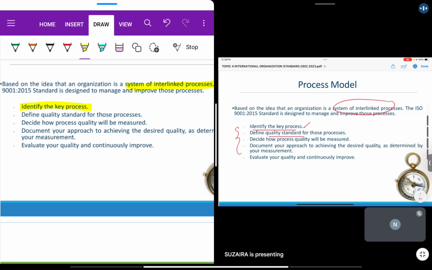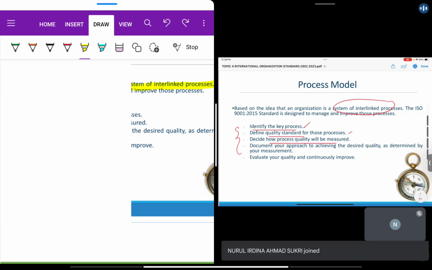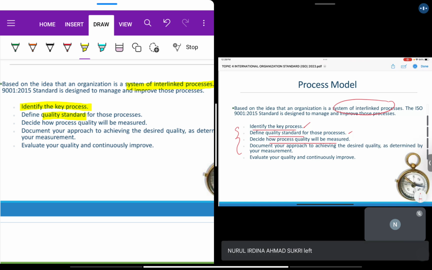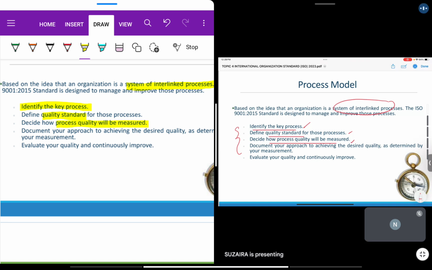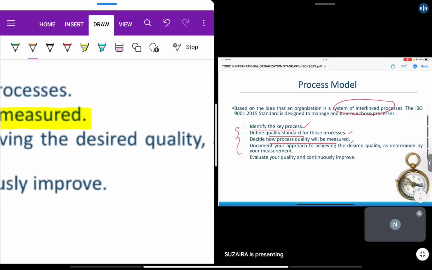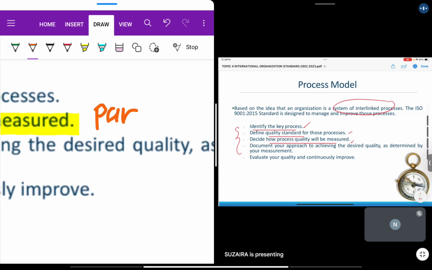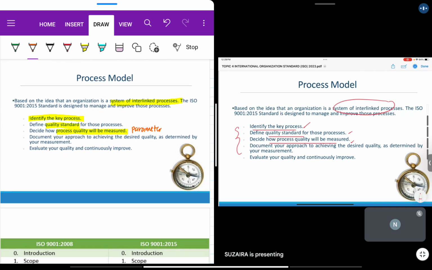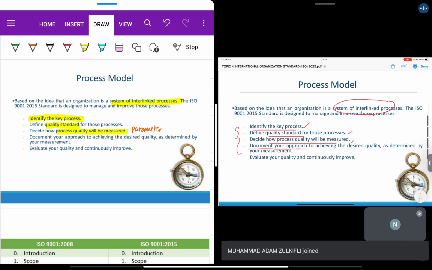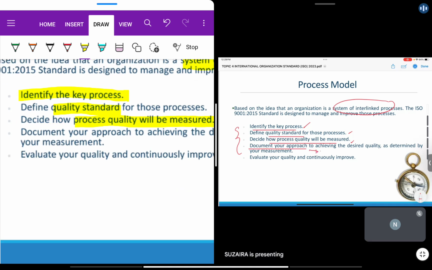What are the parameters that you are going to observe, and at the same time, how can you measure these parameters? Then for those that you modify, come up with a new process or SOP or working instruction, so you need to document them, because this needs to be included in your quality manual.